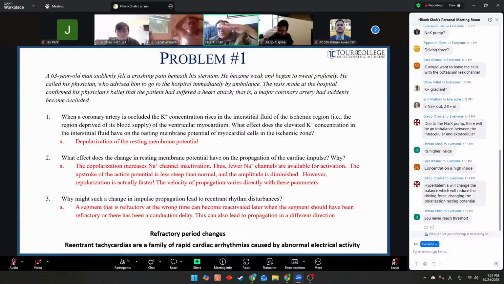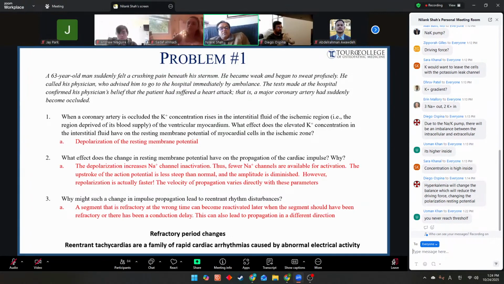Most sodium channels are inactivated in hyperkalemia, so the decreased inward sodium current decreases the steepness of phase 0 and also decreases the amplitude of the action potential.